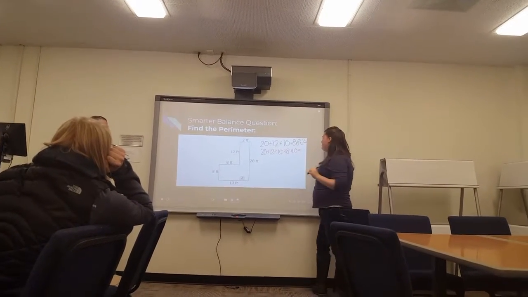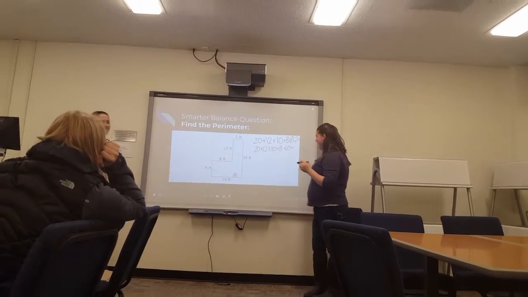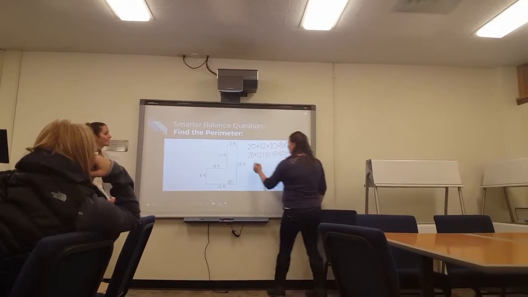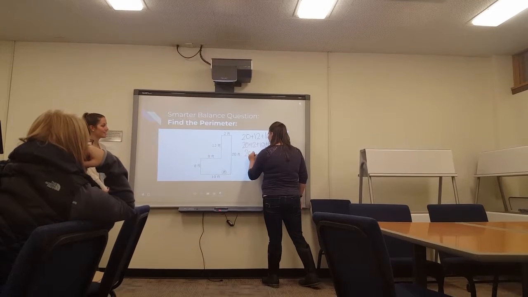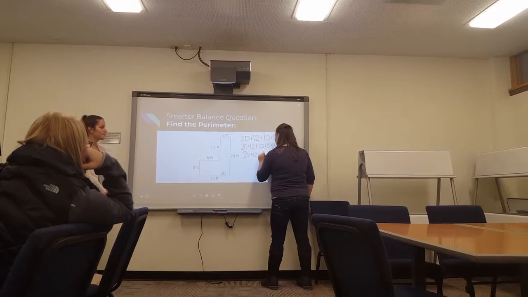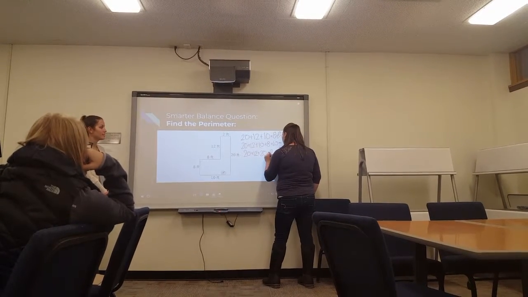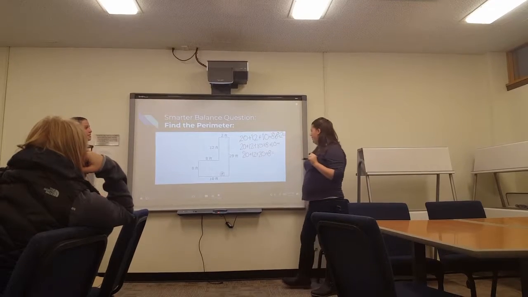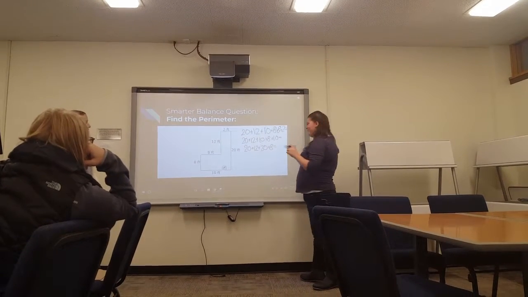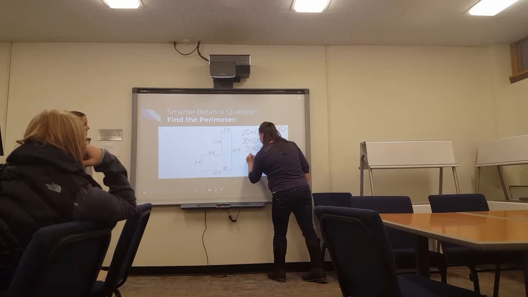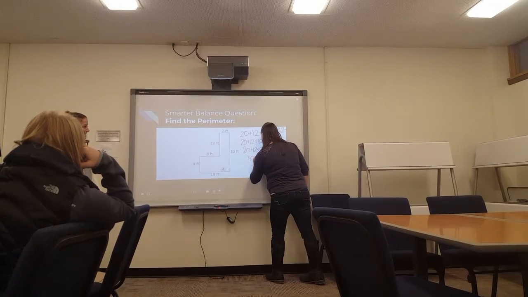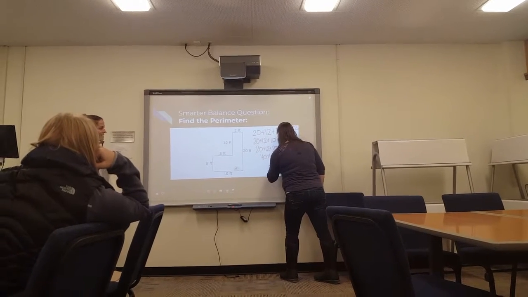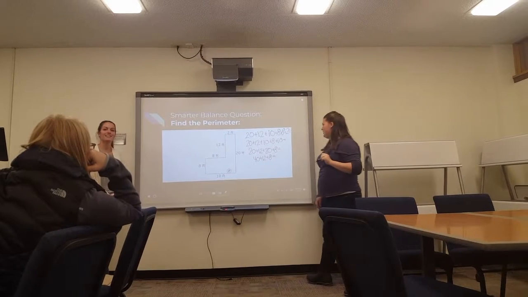Okay, what comes next? Shay? We can add the 10 and 10 together to make 20. Okay, now what? We can add the 20 and 20 to make 40. And what's the next step?